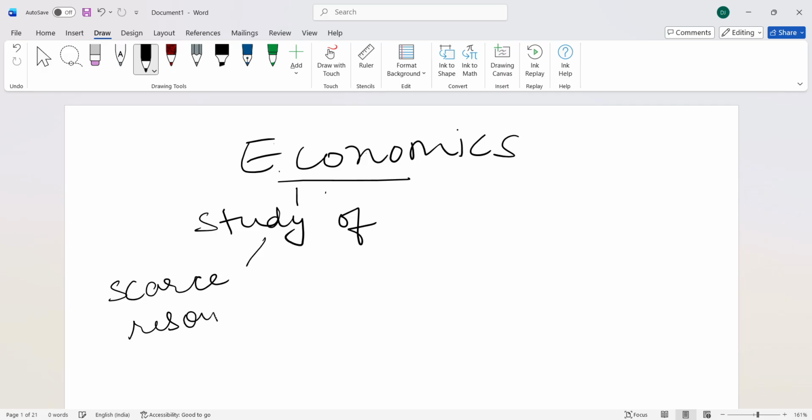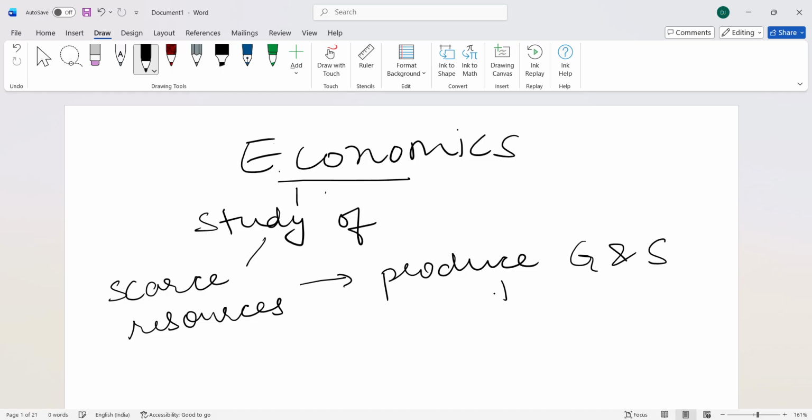Scarce resources: how a society manages its scarce resources most optimally, that is to the full potential, to the maximum potential of the resource, to produce goods and services, and then finally to distribute them among its people or society.